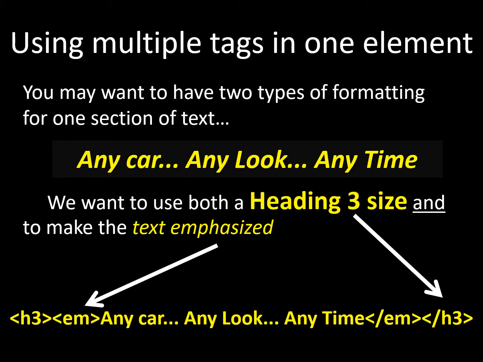You can see here in the element at the bottom of the slide that here is the heading 3 tag, and here is the second heading 3 tag. And you can have an emphasis tag, and notice that this is falling after the heading 3 tag, and then before the heading 3 tag. Now this is called nesting your tags.